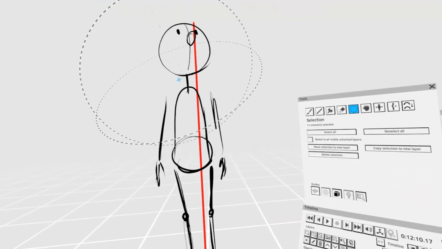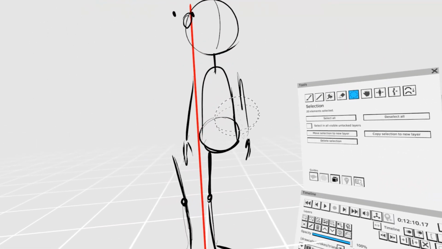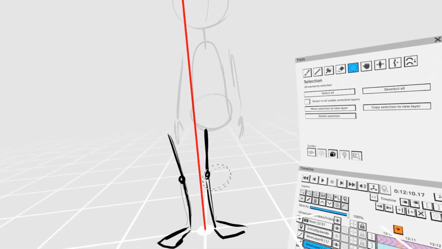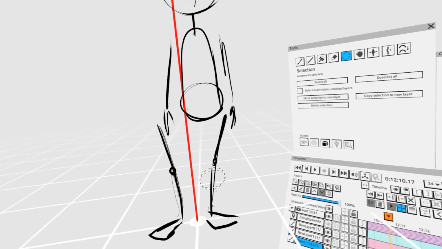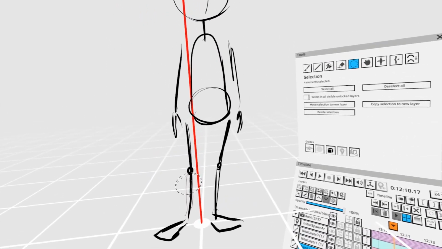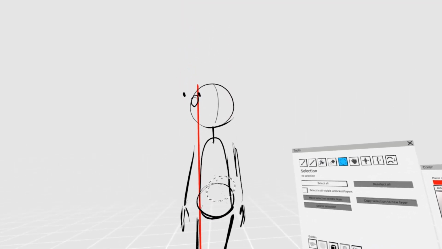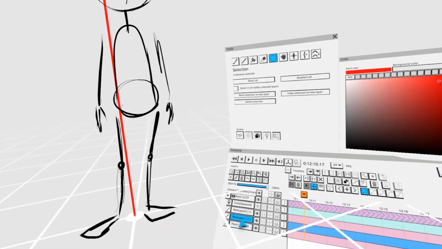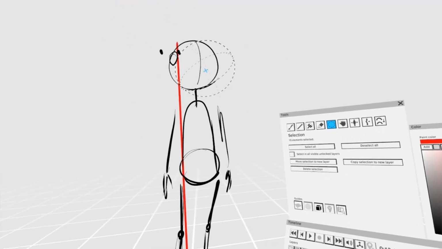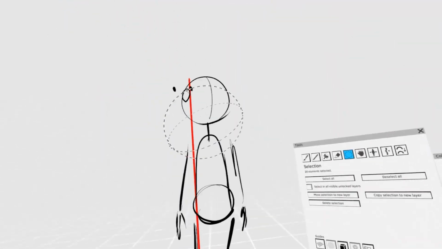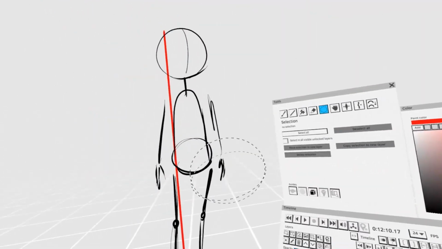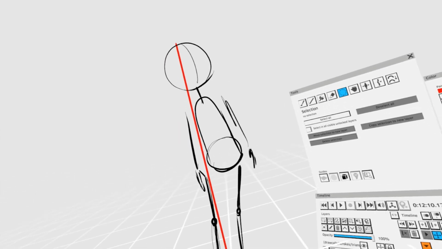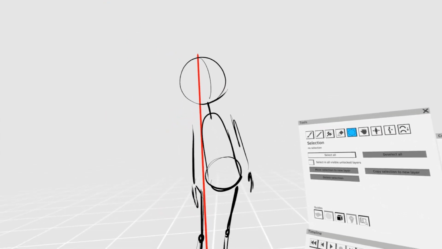So same if we're really going off balance, the legs are always going to try to catch up and keep the body balanced. But sometimes what the body does is rotate the other way, so that you keep that balance, right?